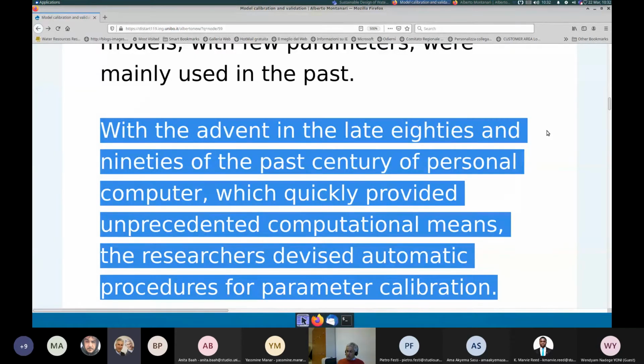So the availability of the personal computers and the computational means suggested to devise something more comprehensive with respect to the trial and error procedure, and to devise something that was automatic.